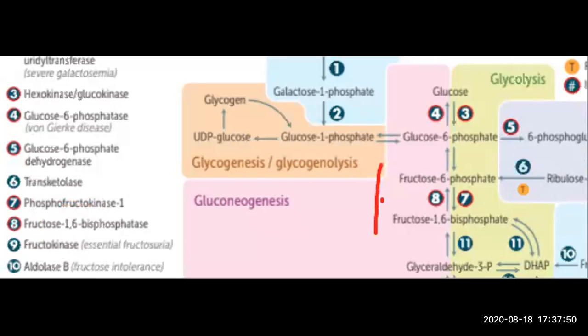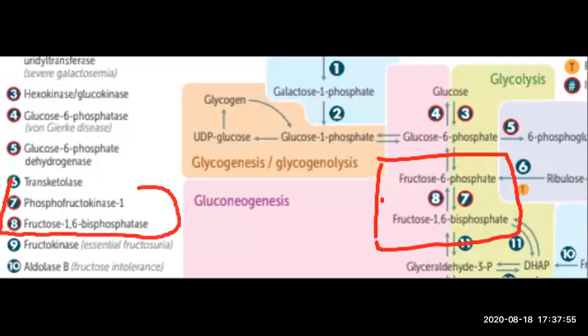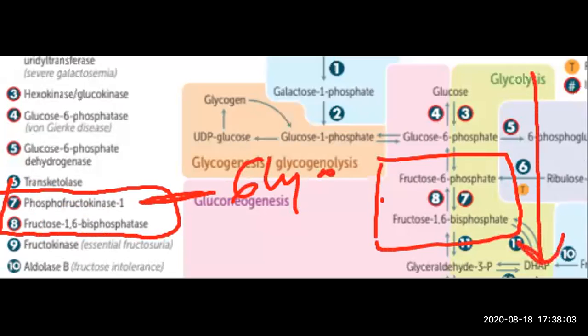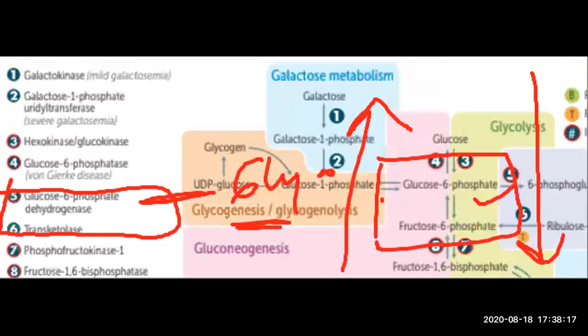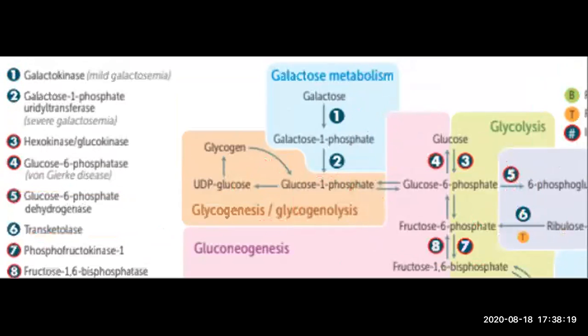If I share this key and you see this little step, you see these two enzymes. PFK1 is the enzyme of your glycolysis. I told you glycolysis is like going down and gluconeogenesis is going up. Glycolysis uses number 7 in the same step. I'm clearing this and making it bigger because I want to write.